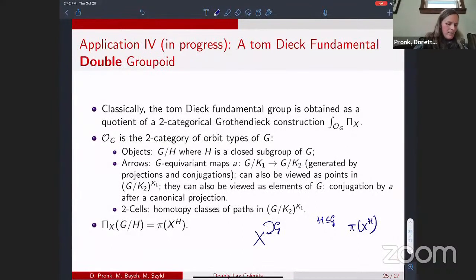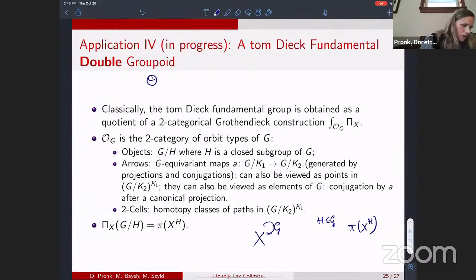In that way, I construct basically a functor from OG, which I will describe in a second, to groupoids.